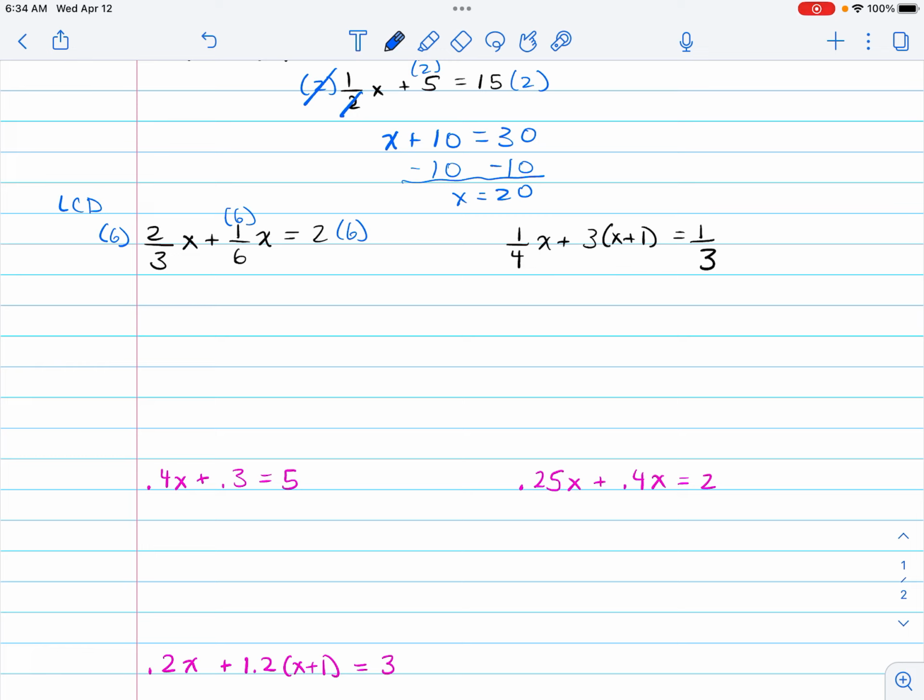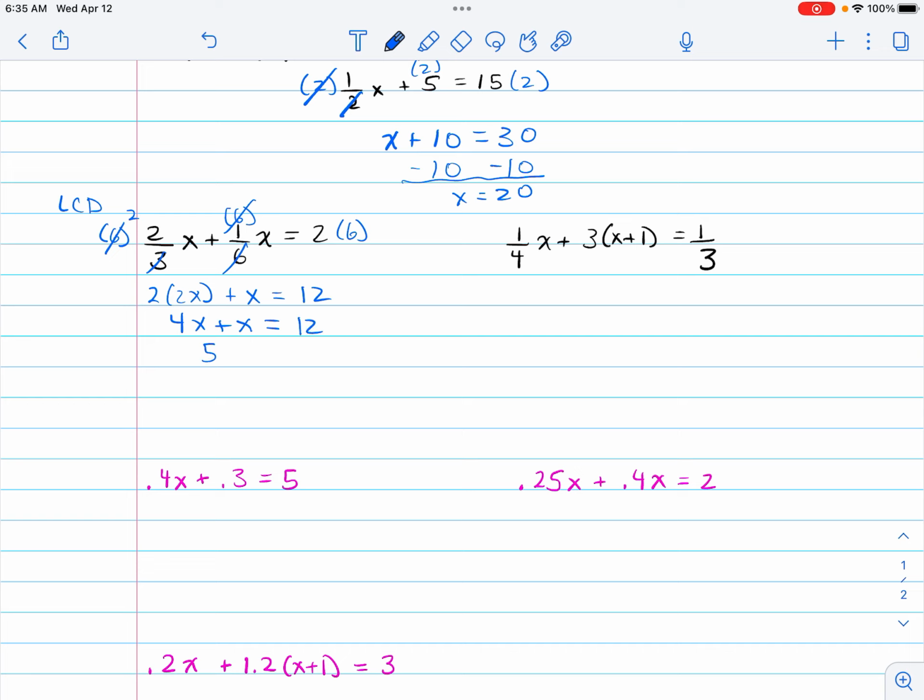Now I can divide. So 6 divided by 3, that's 2. 6 divided by 6, see? So now look what we have. We have 2 times 2x, that's the first term, plus x, that's the second term, equals 12. So this is 4x plus x equals 12.